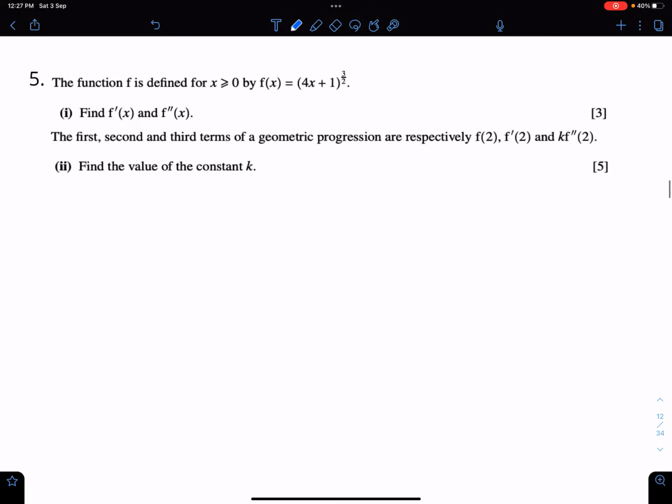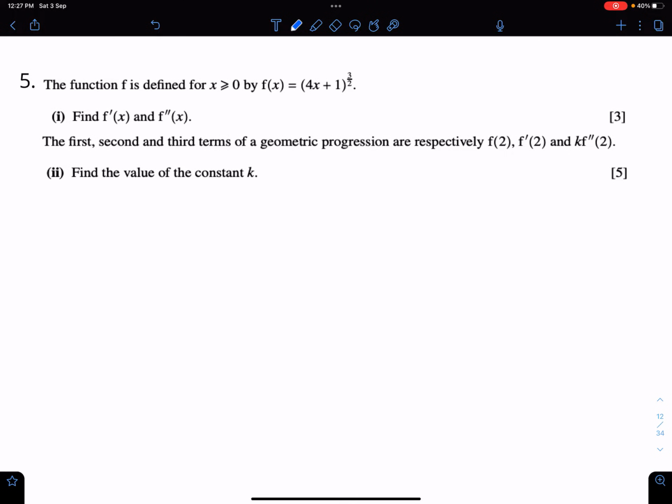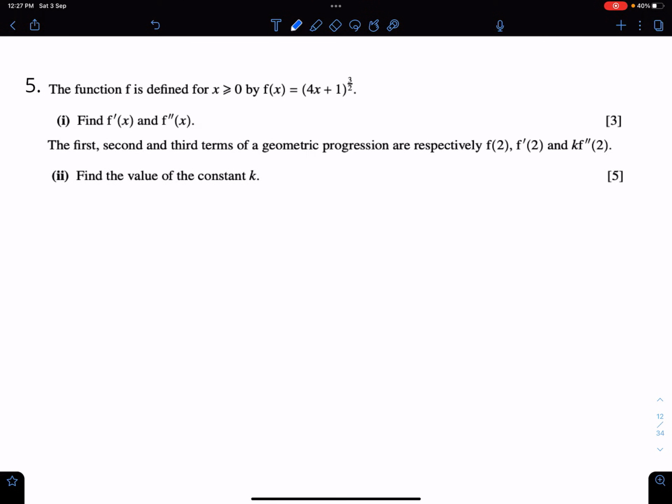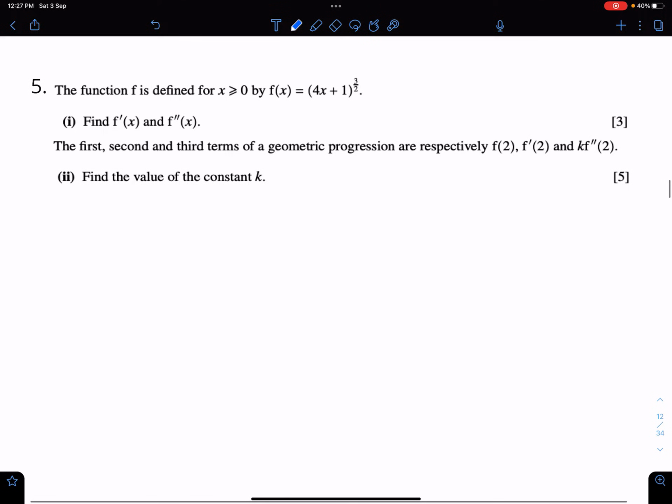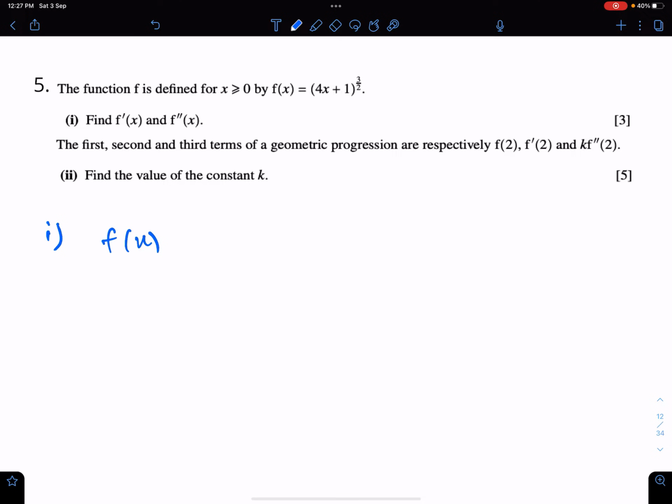This question is of differentiation. I mean AP with differentiation, AP-GP with differentiation. The function f is defined by this. Part 1, find f prime x. So f(x) is (4x plus 1) power 3 upon 2.